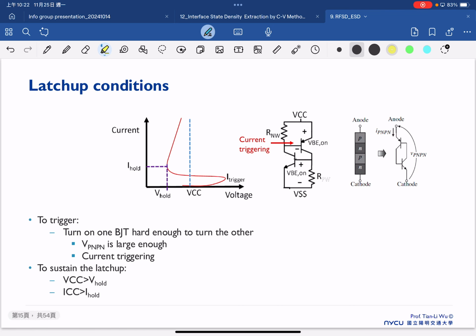So now we can understand the conditions for latch-up. The first one, we need to have the current triggering, right? This is what we understood from the thyristor, the silicon controlled rectifier. We need to somehow first give a little pulse current to trigger. So that's this one, current triggering.